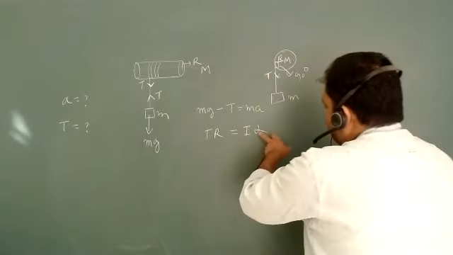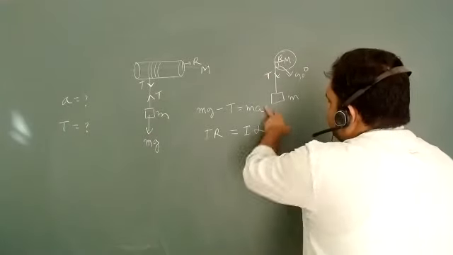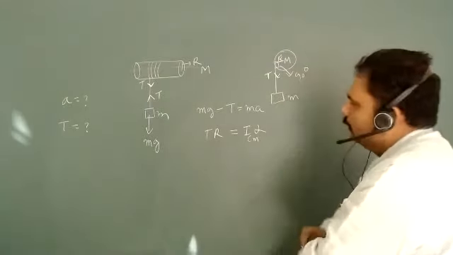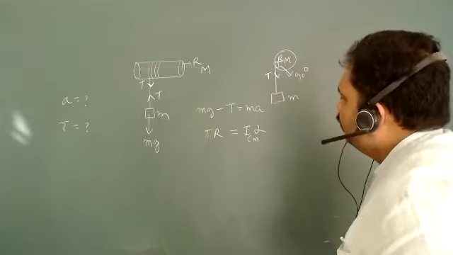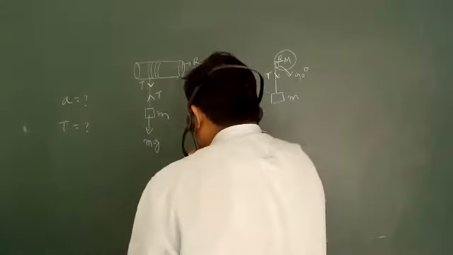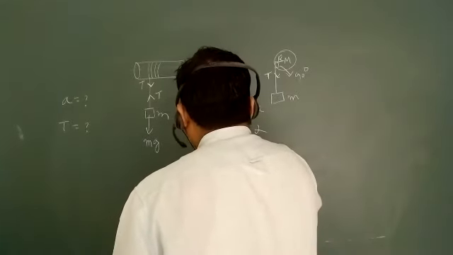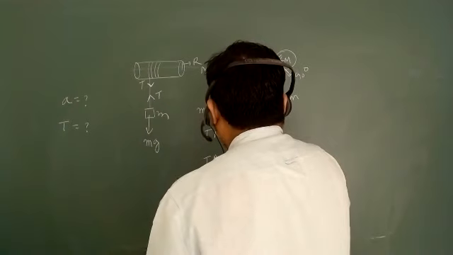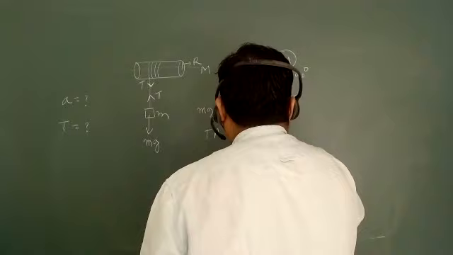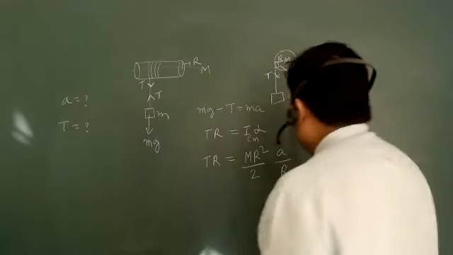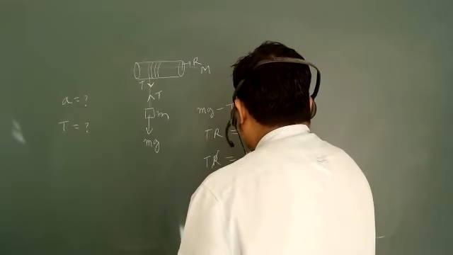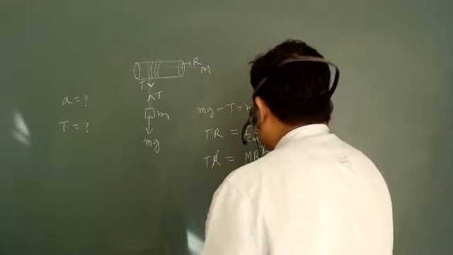Then alpha and a have some relationship, and I is the moment of inertia about the center of mass. So T into R is equal to MR square by 2 times alpha, and alpha is equal to a by R. Now we can find the value of tension, and that will be Ma by 2.